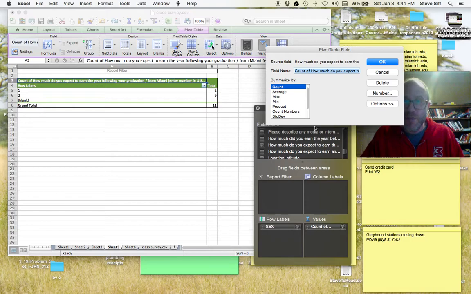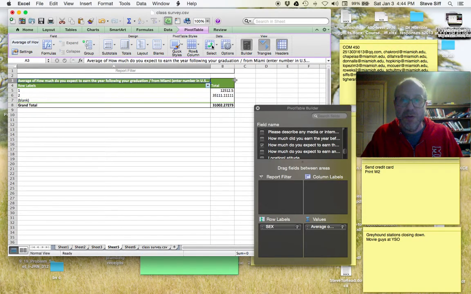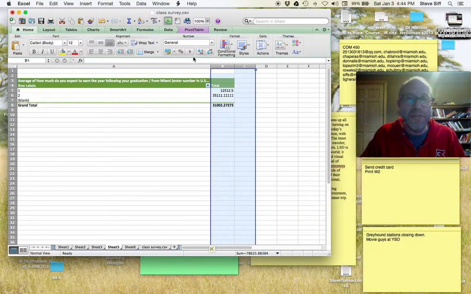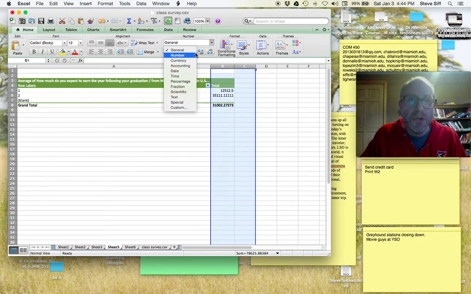We don't want the count. Let's have the average amount that people say they think they will earn. All right, so what we're getting here is that men, on average, think they're going to earn, I'm going to format this for a little easier reading, what, 12,000?